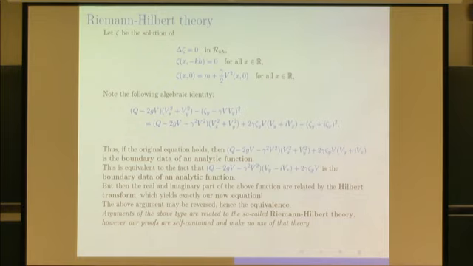But Vy plus iVx itself is analytic, so I divide by this, so I get this, and then instead of the sum of squares I get this. So this is equivalent to the fact that this is the boundary data of an analytic function, but then the real and imaginary parts are related by the Hilbert transform. So if I write down the real part, I get exactly the equation as before. It's not really a big deal, and it's not so important.